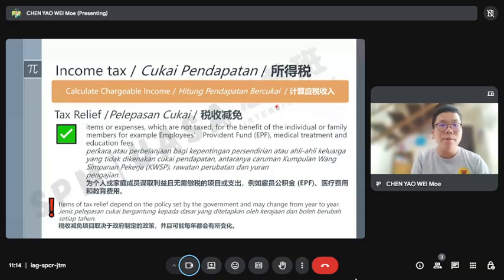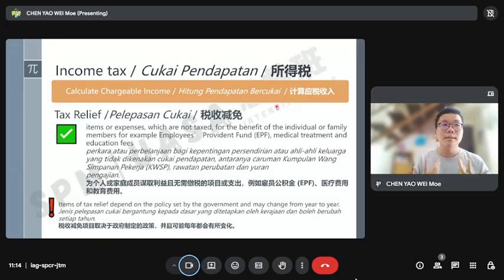Like when you are working, and you study further, for a doctorate, for a PhD. That fee, you can say that's a tax relief because the money you use is for yourself, for your knowledge, for your own career.